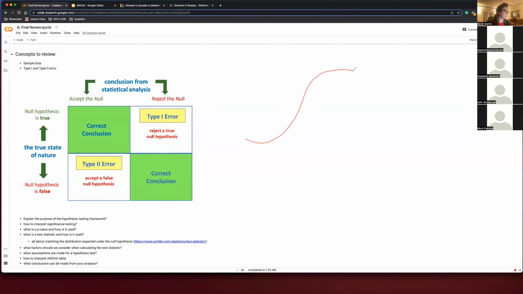So if we're just trying to draw a distribution, this is an average. So this p-value is really getting at the tails of the distribution rather than the middle parts.